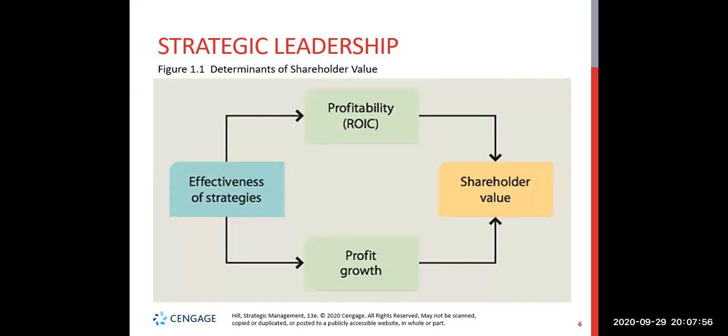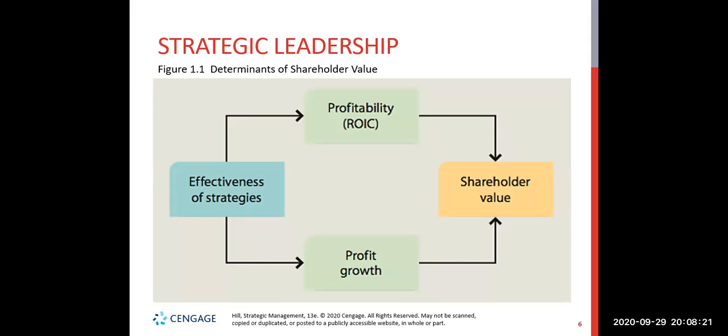If you look into the cycle of strategic leadership, it is mainly concerned with the strategy making process to increase the performance of the company, and thereby increase the value of the enterprise to its owners, its shareholders. To increase shareholder value, managers must pursue strategies that increase the profitability of the company and ensure that profit grows.